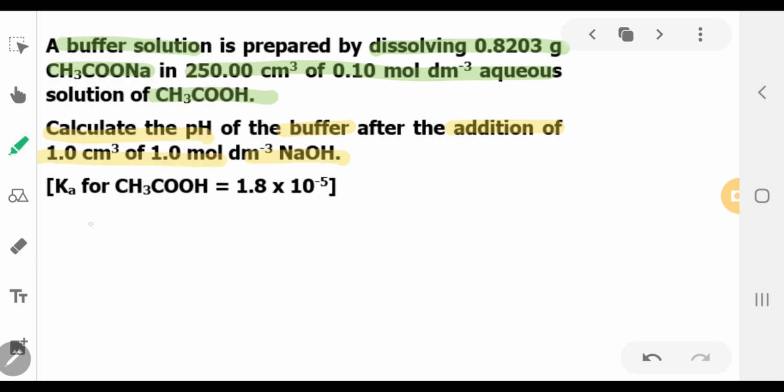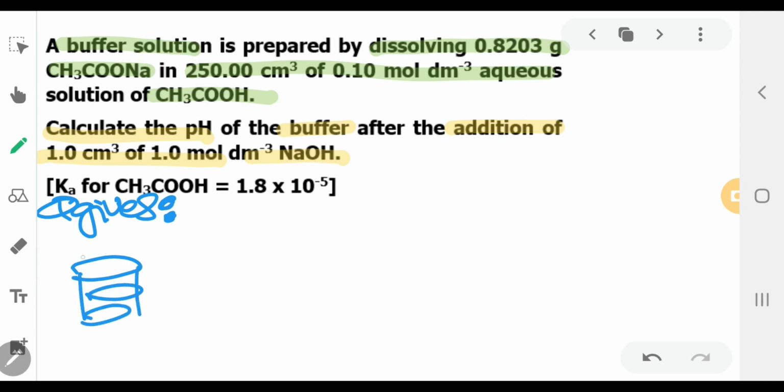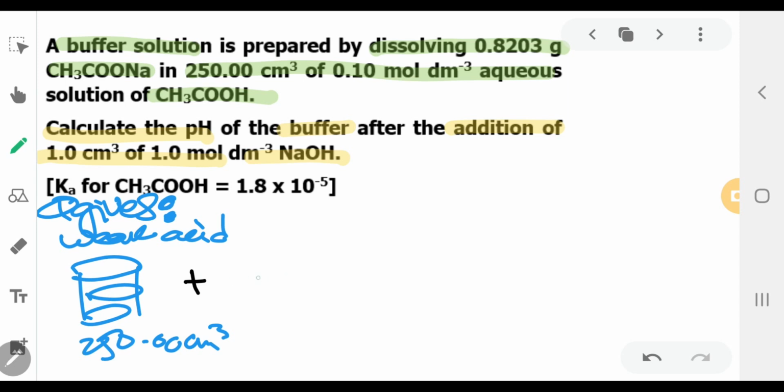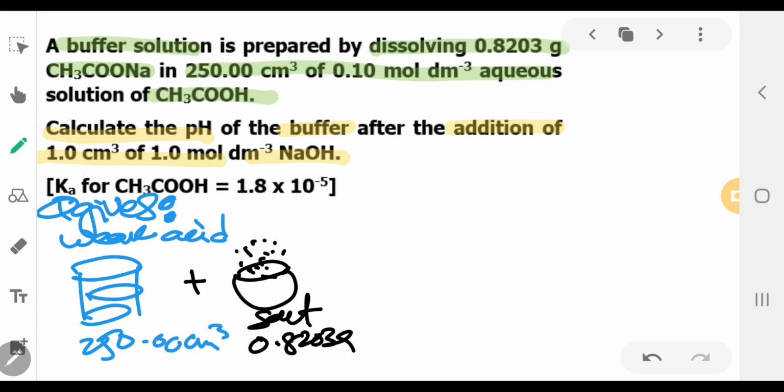Okay. So we have this, the weak acid, 250 ml, and you add the salt, 0.8203 grams.